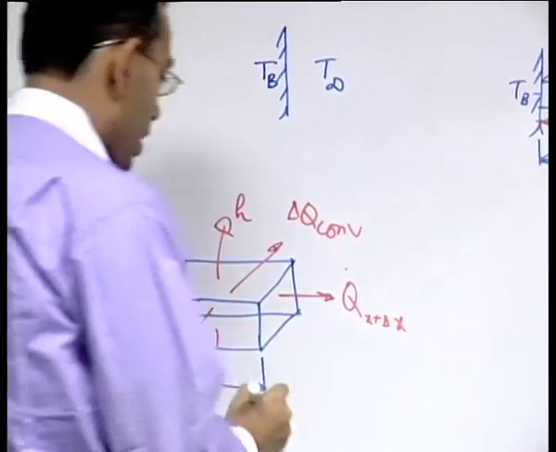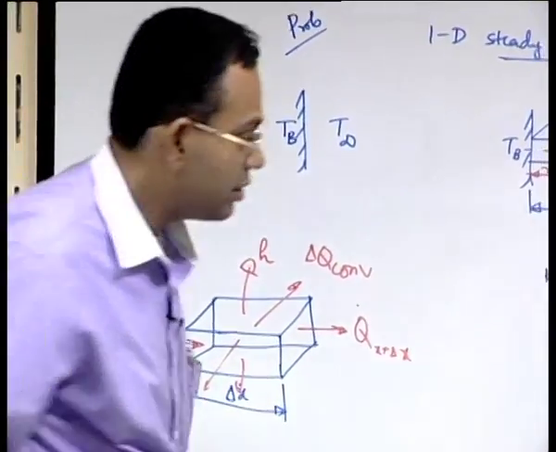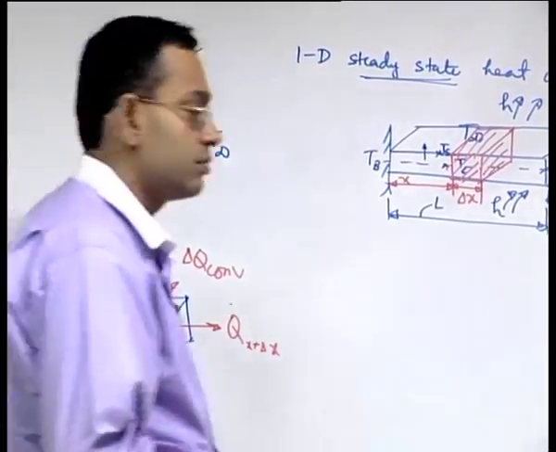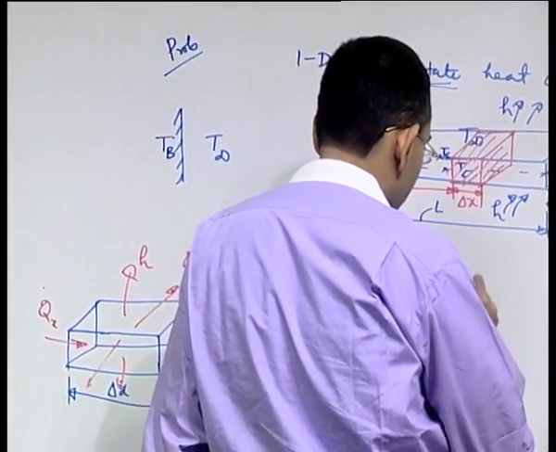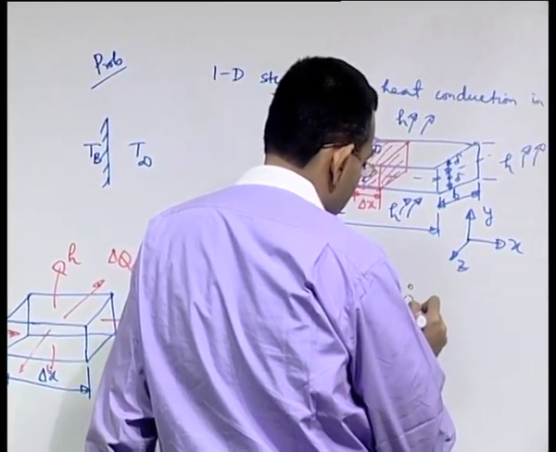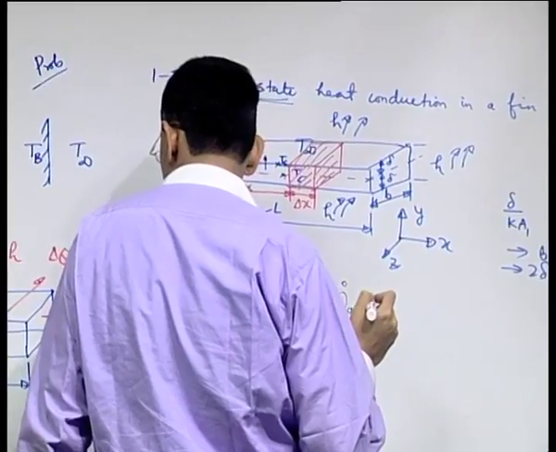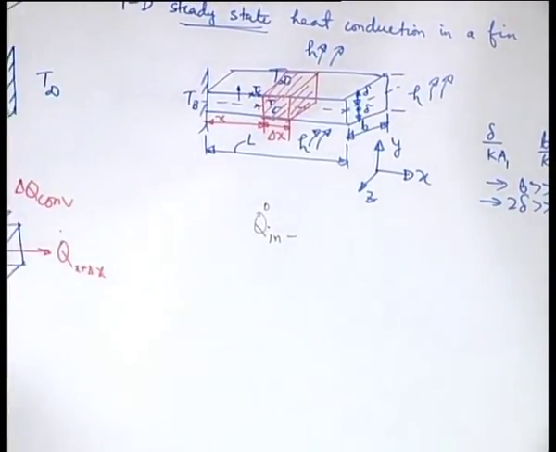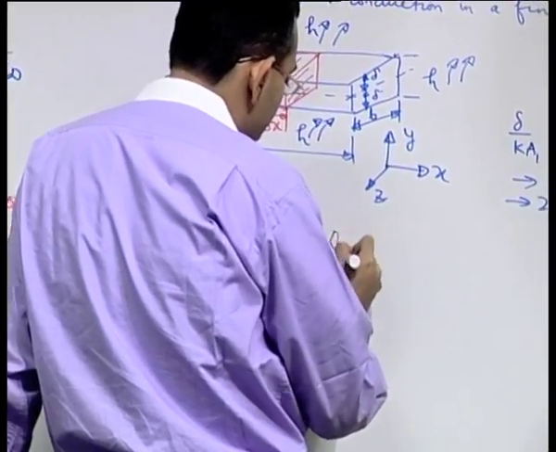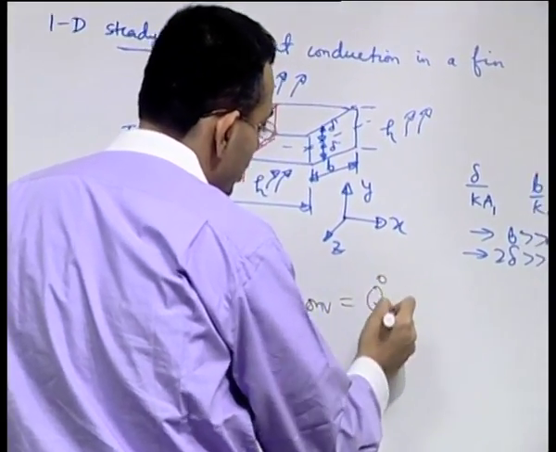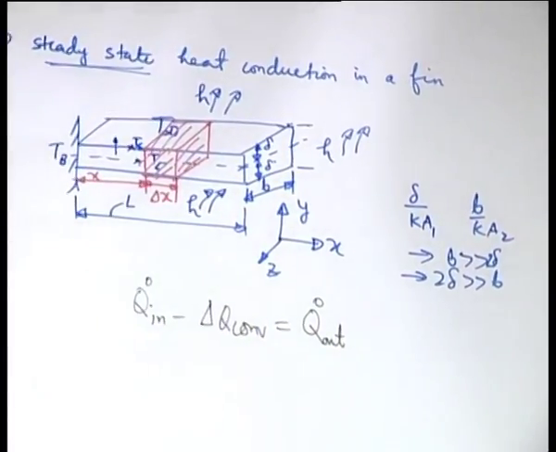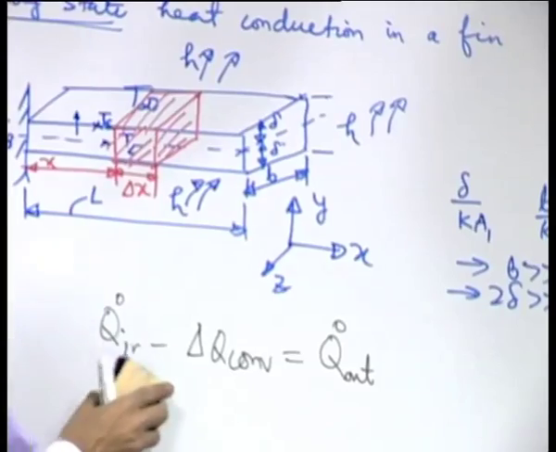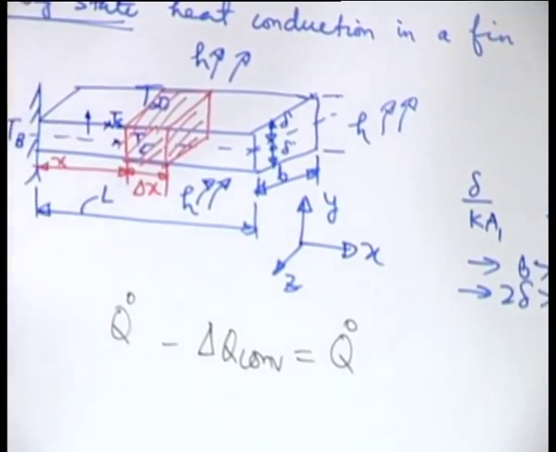So, let us write it separately. Q dot in minus delta Q convection is equal to Q dot out, or in is here x and out is x plus delta x.